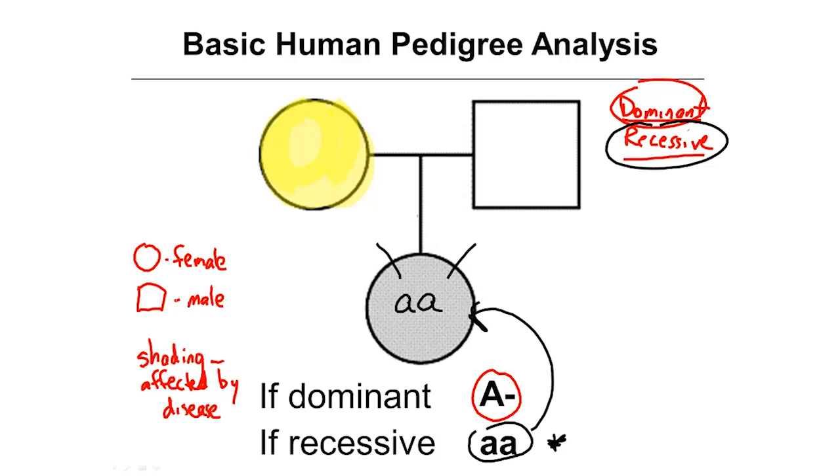But look, guys, there's no literal rule-by-rule framework for how to do this, but you always need to approach it in the same way, which is to say, okay, what's the data? And then make hypotheses. This is dominant. If it is, let's look at it and see if it's possible. If it's recessive, let's look at it and see if it's possible. Hopefully, one gets ruled out.